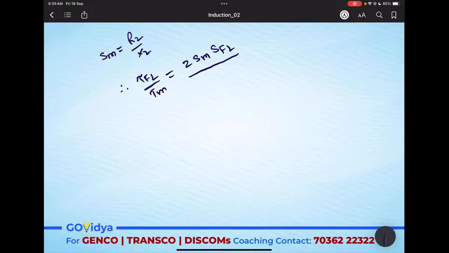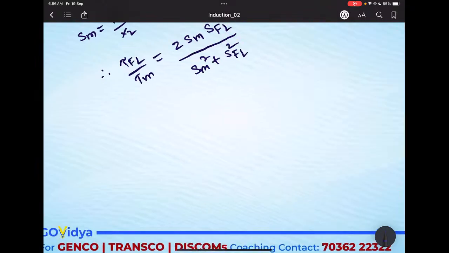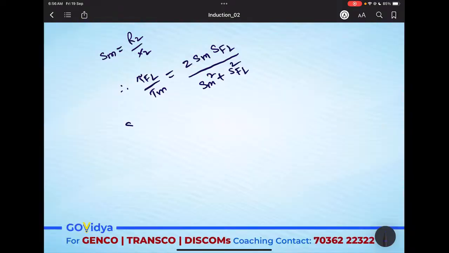No need to make all these derivations; if you remember the relation directly, you can substitute. I am just deriving for your understanding purpose. SFL they given in our question as 5%, that means 0.05.